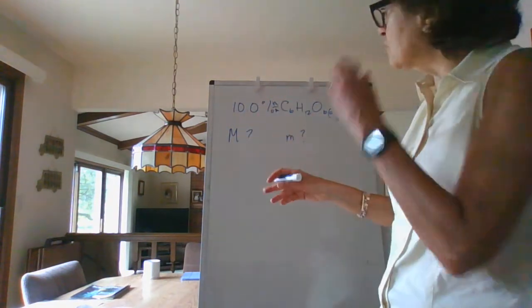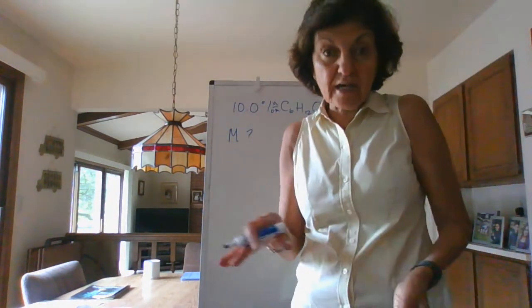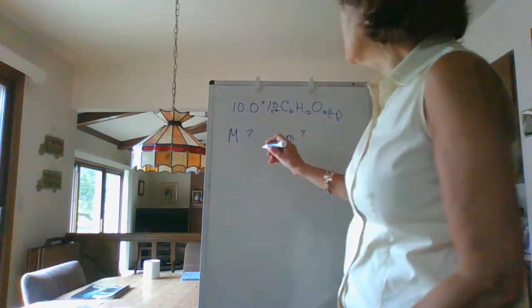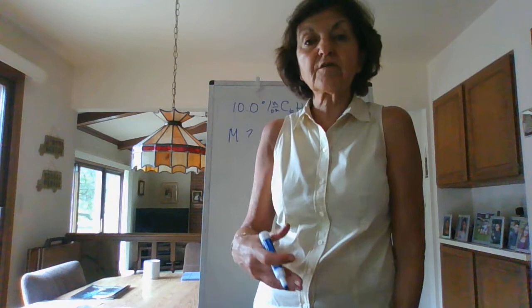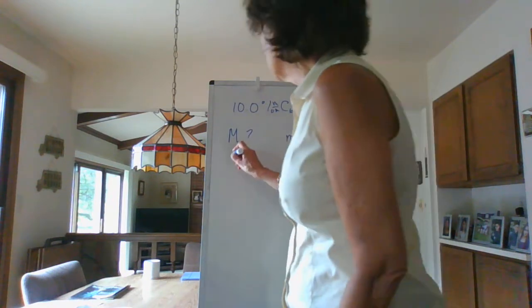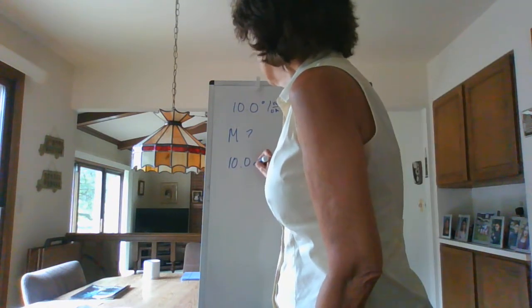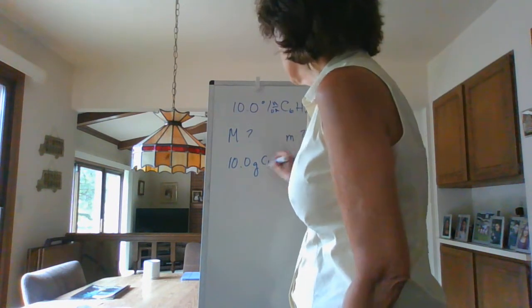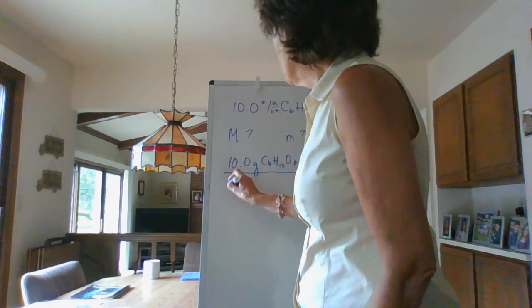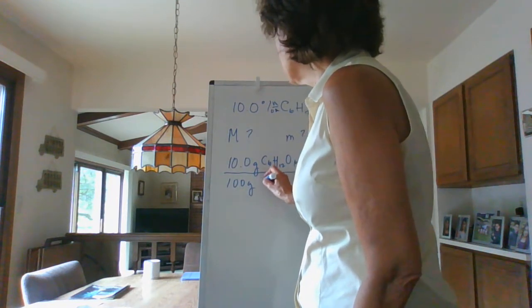The first thing you want to do, anytime you are given percent, write it out as, like if you got a 10% on an exam, it's 10 out of 100. So you're going to write 10.0 grams of glucose, C6H12O6, per 100 grams of solution.